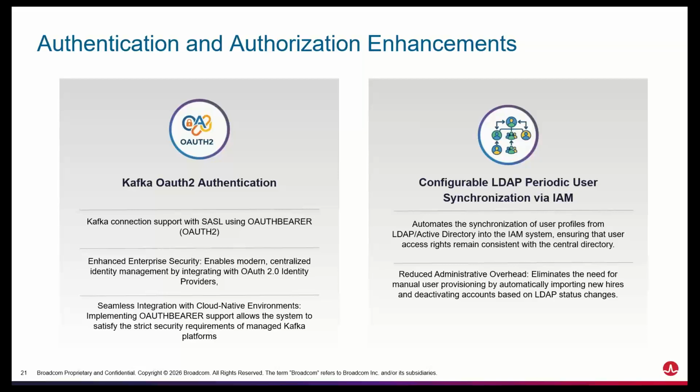So we enhanced Kafka to support it. Another area of authentication and authorization is LDAP. If you are using LDAP and not SSO integration, we enhanced the synchronization of the LDAP groups with the IAM, so changes made are also supported in LDAP.